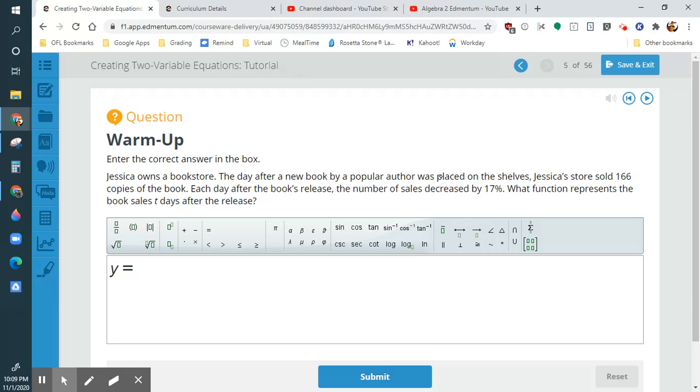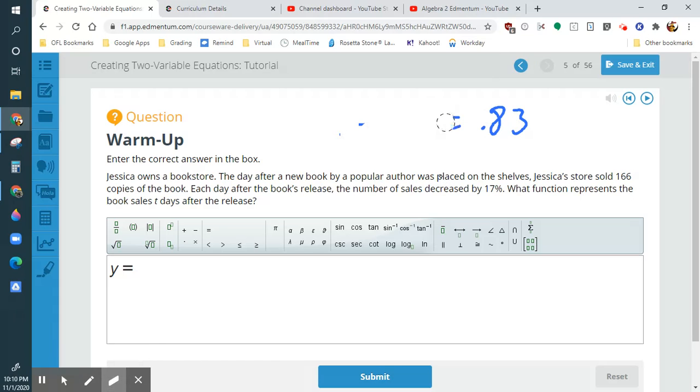The way we usually do this, when we're talking about growth or decay: growth is 1 plus the decimal of the percentage. But since we're dealing with decay, this is going to be 1 minus. So we're going to do 1 minus 0.17. So our growth factor, or in this case, our decay factor, is 0.83. So 0.83 is our decay factor.